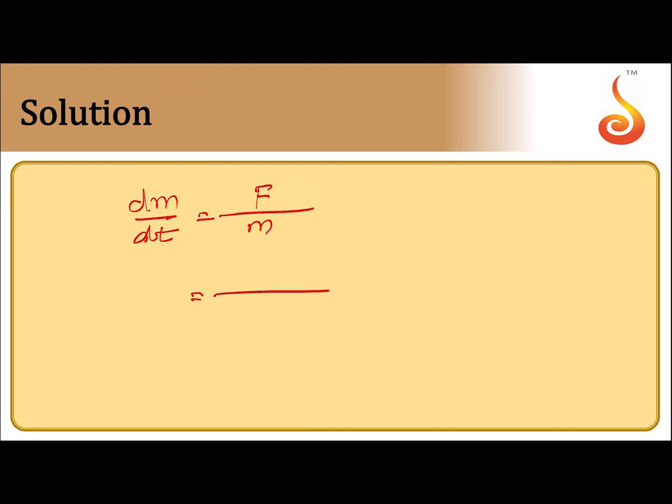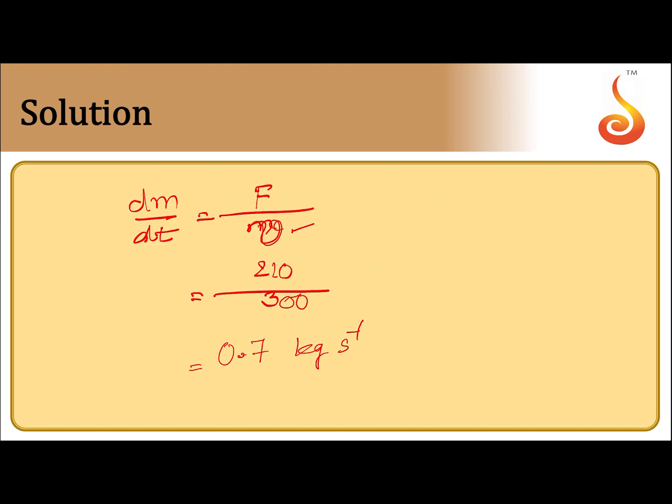dm divided by dt is equal to F divided by V. The force is 210 and the velocity is 300. Oh sorry, I wrote m; this is nothing but V. F is equal to V dm by dt, therefore this becomes V. So 210 divided by 300 is nothing but 0.7 kg per second.